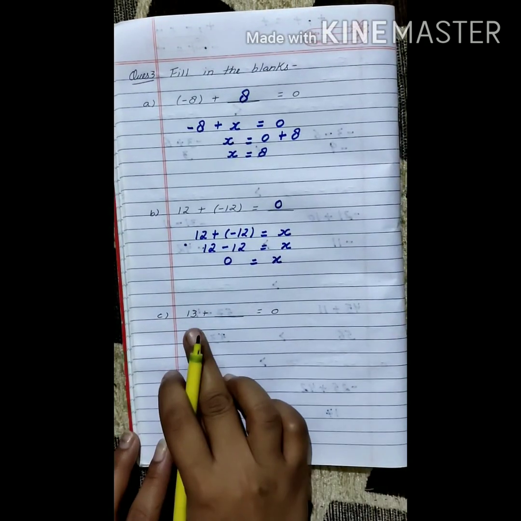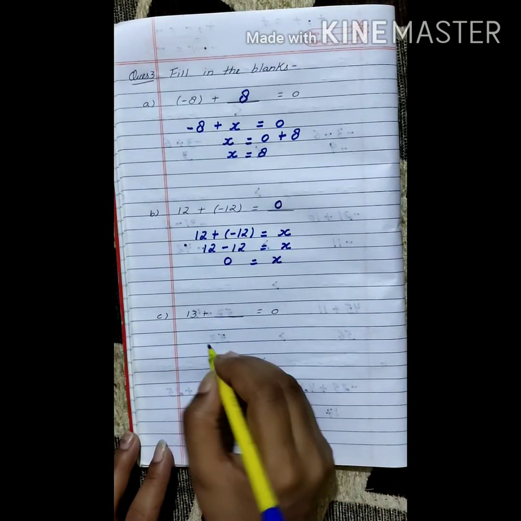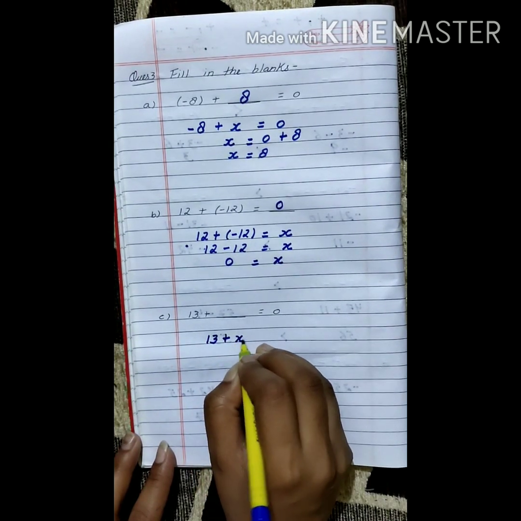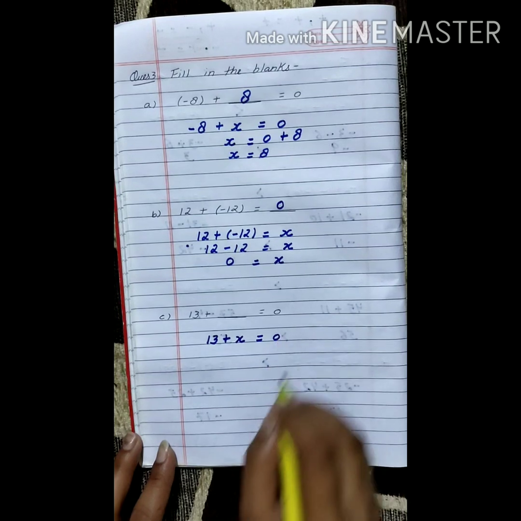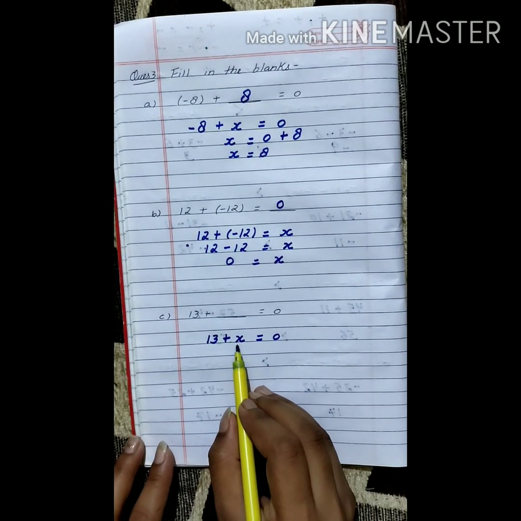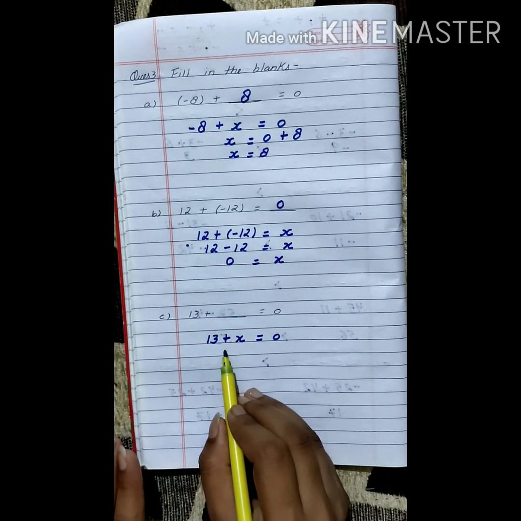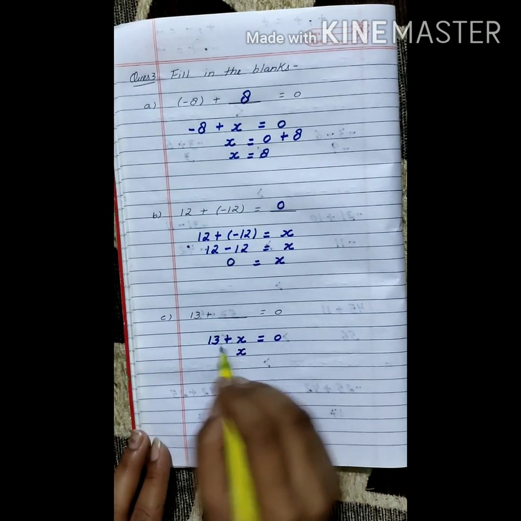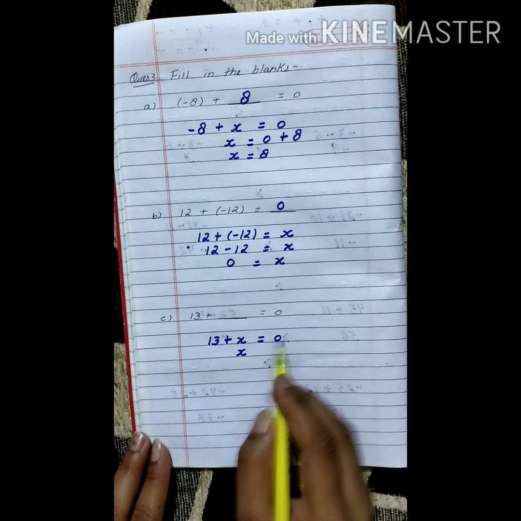C part, 13 plus dash is equals to 0. In a similar way, firstly we will let x. Now x is here, so firstly we will separate variable and constant to separate sides. So we will transfer 13 to the other side.